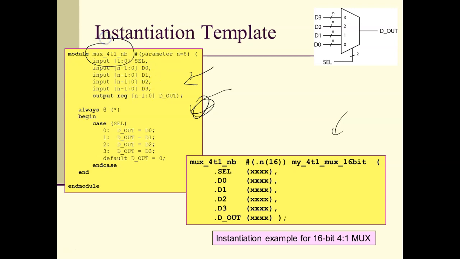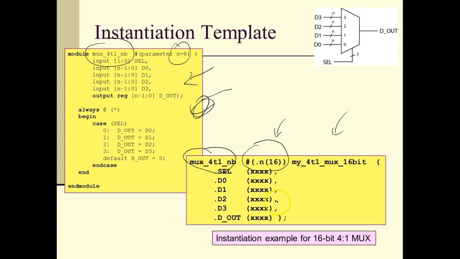Okay, so check this out. This name matches this name here, but what I'm going to do in the instantiation is override this parameter. It's at 8, and I'm overriding it to be 16, so that means the data inputs and outputs on this mux are now 16 bits wide.